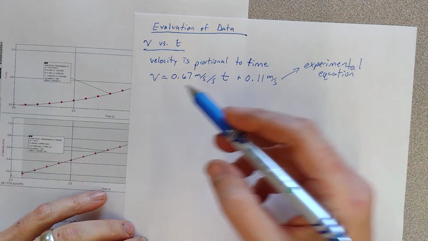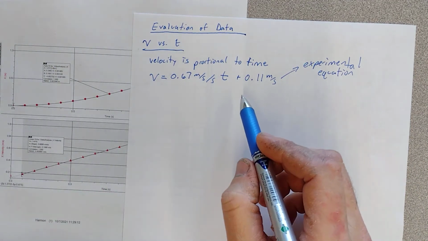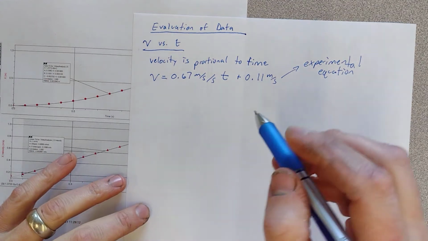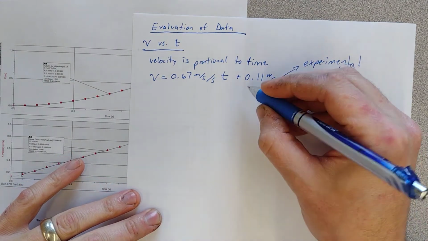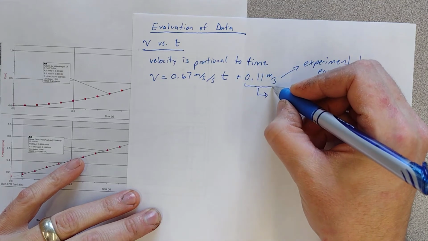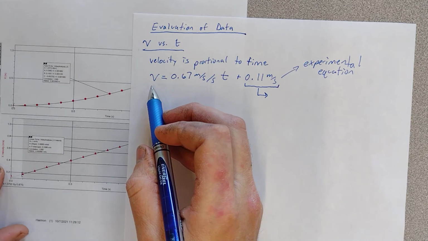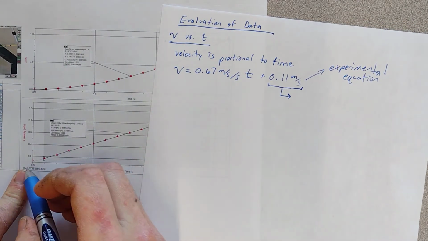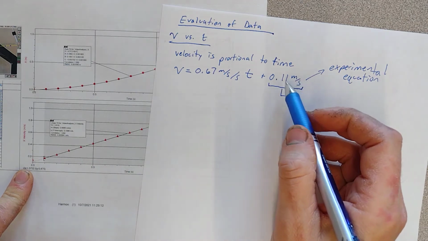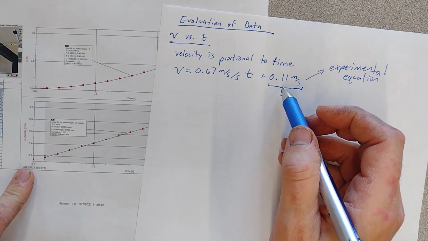So now, we got to figure out what the slope and y-intercept mean here. All right? Well, the y-intercept, right? Any y-intercept is the value of the y variable at time equal to 0. So the value of the y variable at time equals 0 is this. So it's the value of the velocity at time 0.